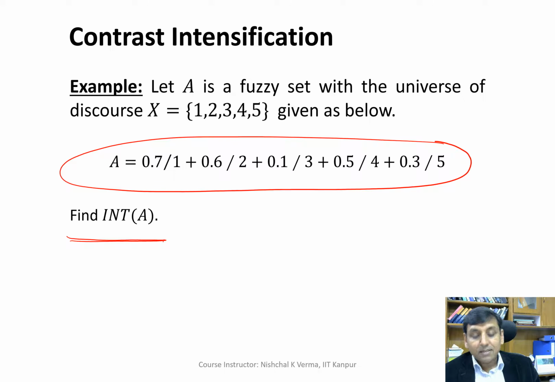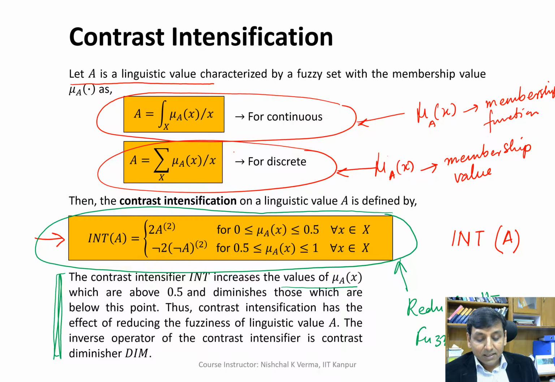If we look at this fuzzy set, you see these two terms, 0.7/1 and 0.6/2, both are above 0.5. And so here the expression for contrast intensification that we'll be using is nothing but 2 into A raised to the power within the bracket 2.